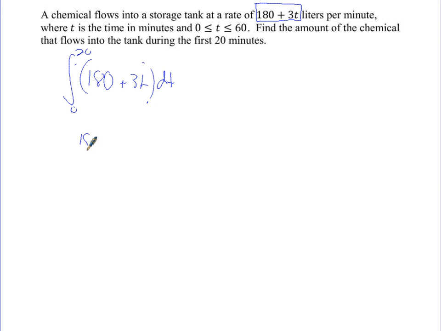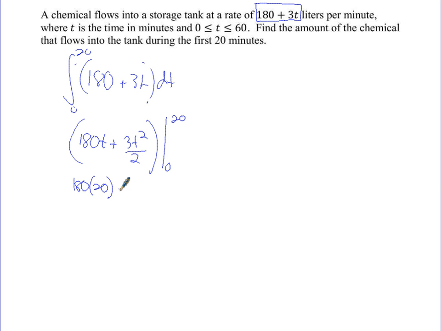So we integrate. We have 180t plus 3t squared over 2 from 0 to 20. Think about the 0. It's going to be gone. So all I got to worry about is the 20.